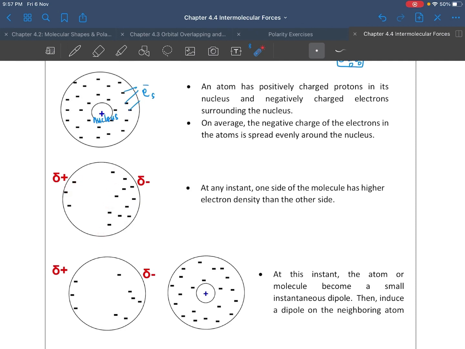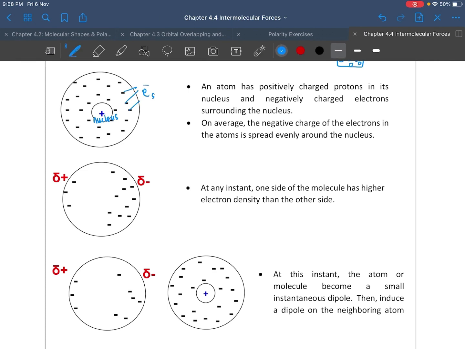And area sebelah kiri, electron density kurang. So, area yang electron density tinggi, kita akan cakap dia partially negative. While the other side, since kurang elektron, so dia jadi partially positive. So, sekarang you can see ada partially negative, ada partially positive. Maksudnya di sini kita ada temporary dipole or instantaneous dipole.